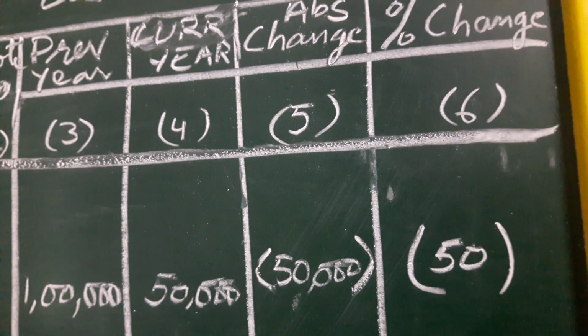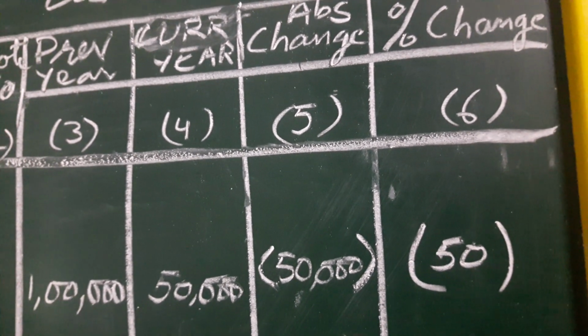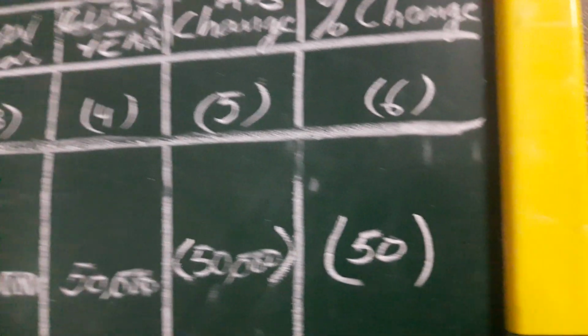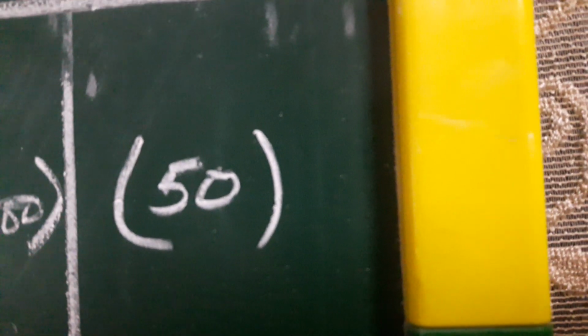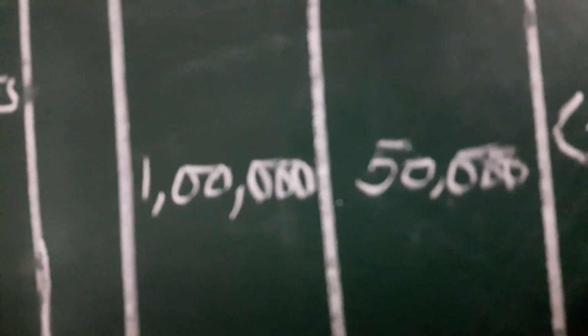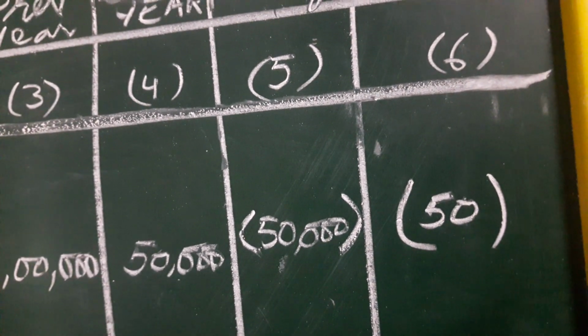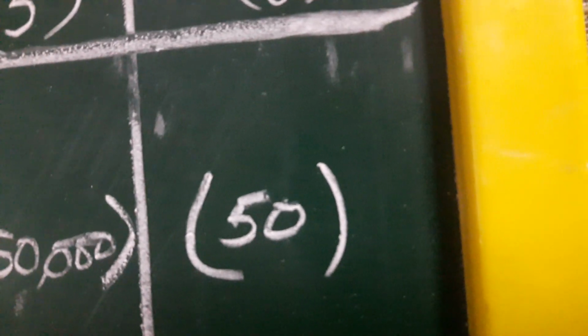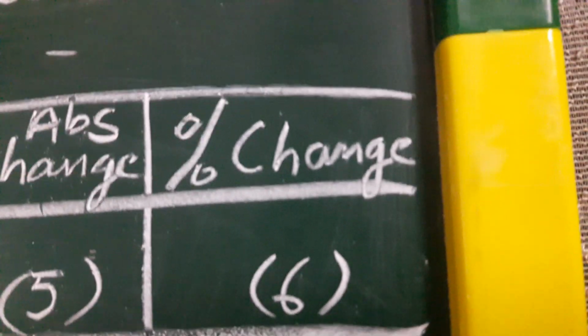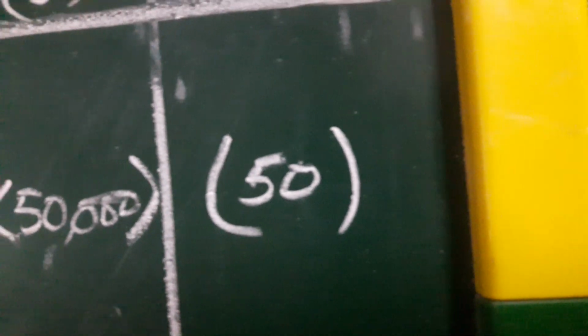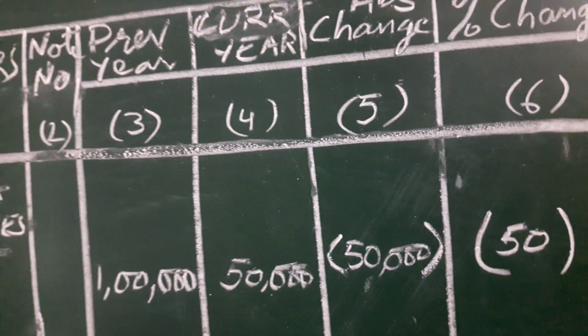So the amount has decreased by 50,000, absolute change. And percentage change, how did we get 50? 50,000 upon 1 lakh into 100. This is your percentage change. Why are we not writing percentage here? Because the entire column is percentage change. So we need not write percentage once again.